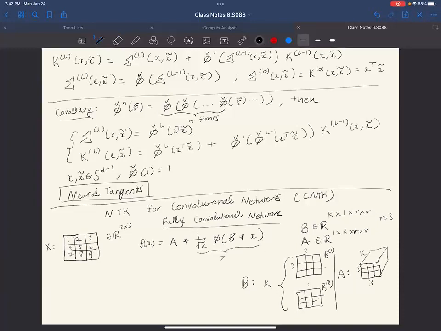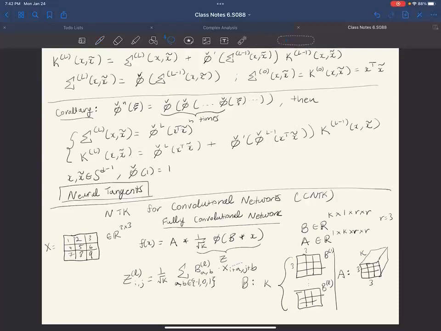And if I call this Z, Z_L at IJ is just going to be 1 over root K sum, because I have these 3 by 3 filters, over indices A and B in -1, 0, 1 of BL at AB times X at I plus A, J plus B.